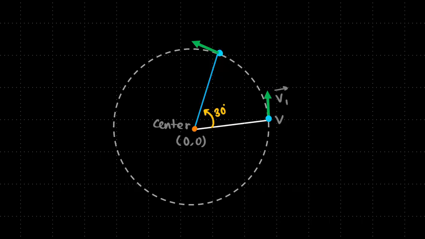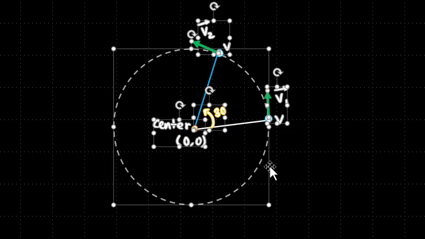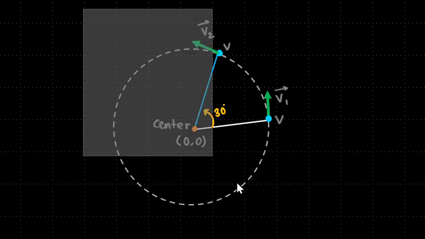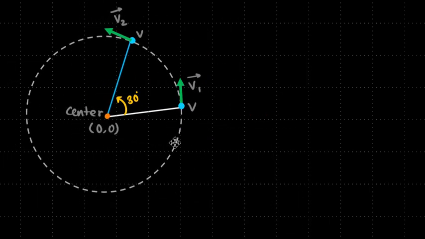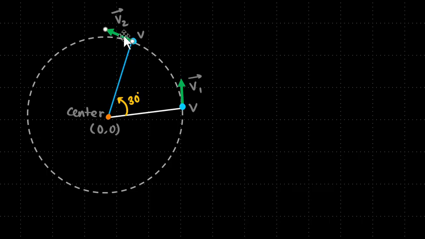So we have this vector and this vector. Let's say this vector is vector v2, and the magnitude of this vector is still gonna be v, since the speed is constant. The velocity changes but the speed is constant. So let's just take these two vectors. I think you understand the image, right? So you understand what the image is trying to show.